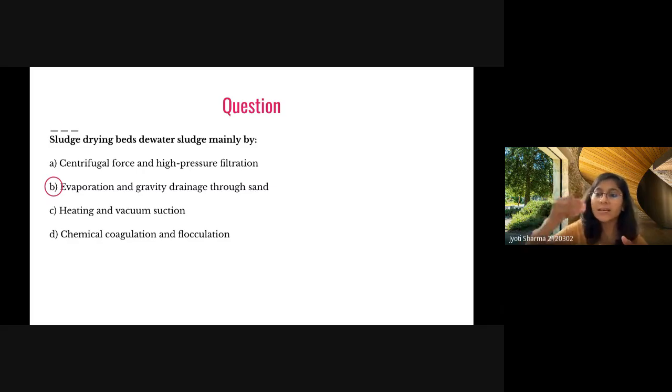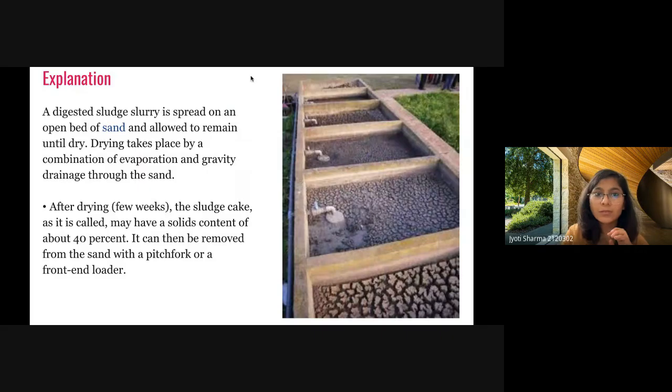Because we have sunlight, in the presence of sunlight there will be evaporation, and we will also have some gravity drainage, and because of that we can dewater the sludge. So this is the drying bed. Something like this we can use, but it will take a lot of area, and a lot of days to give the solid content, right?